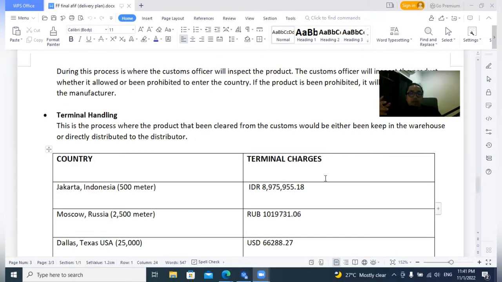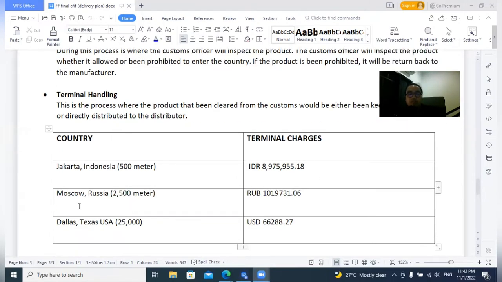For the first country, which is Jakarta, Indonesia, we need to export 500 meters of leather. So the terminal charge is Indonesian rupiah 8,098,975,955.18. And then the next country is Moscow, Russia, which is 2,500 meters, 1,019,731.06.